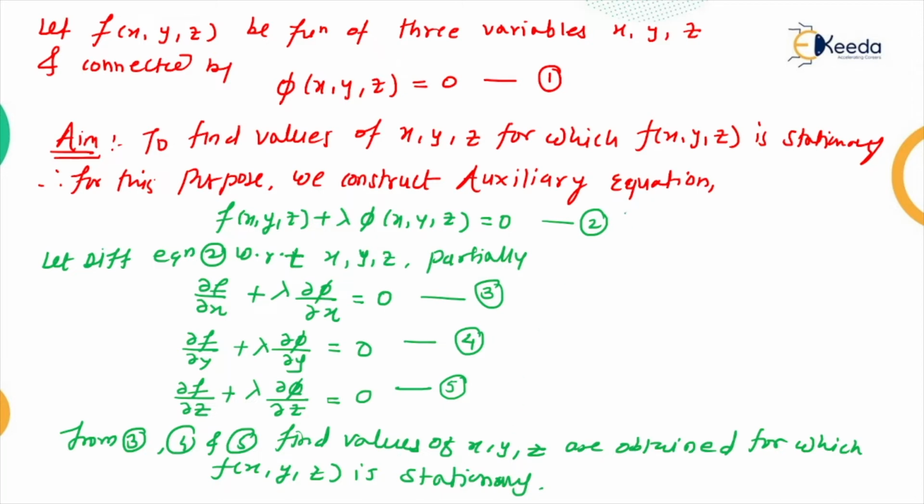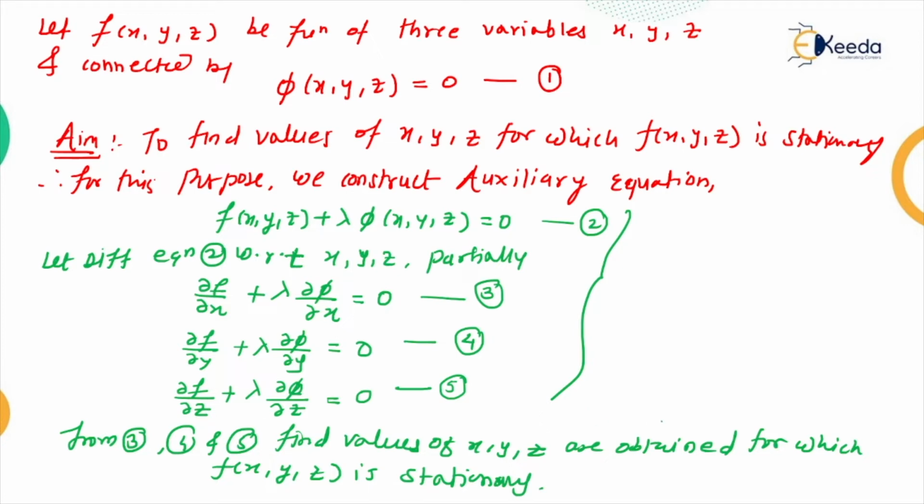Here is a very important thing to remember. We get this stationary value, and this method is called Lagrange's method of undetermined multipliers.